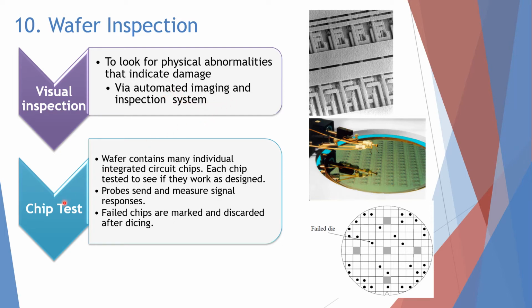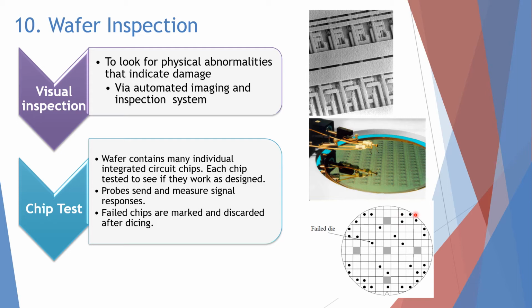The next one is chip test. The wafer, which contains many individual integrated circuit chips, will go through testing, where each chip will be tested. A probe sends and measures the signal response, so it is done automatically. The failed chips will be marked and discarded after the dicing. If you look at this example, each of the chips will become one separate piece, right?